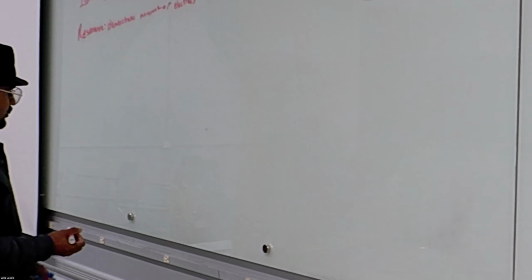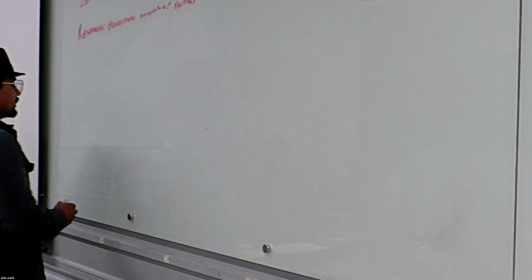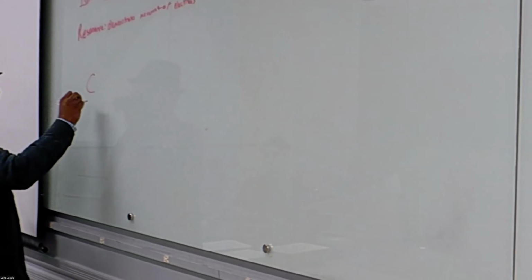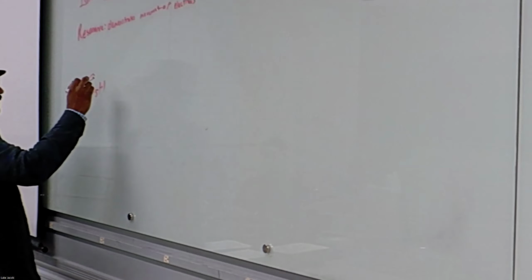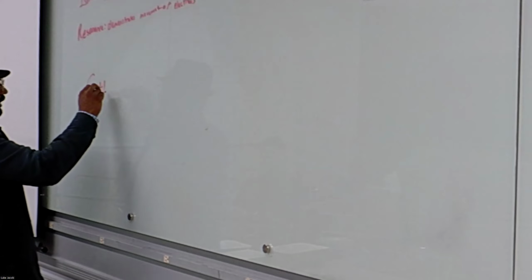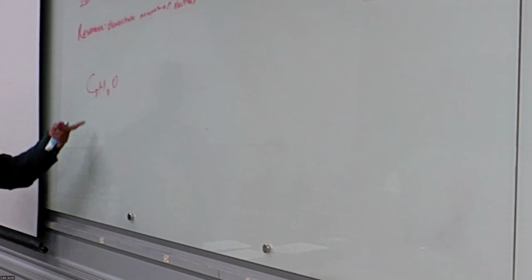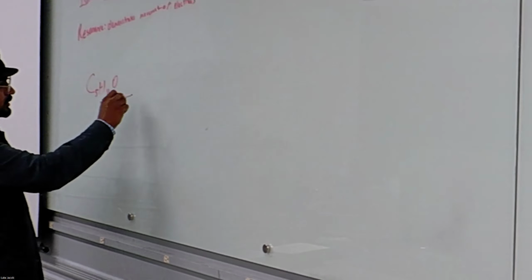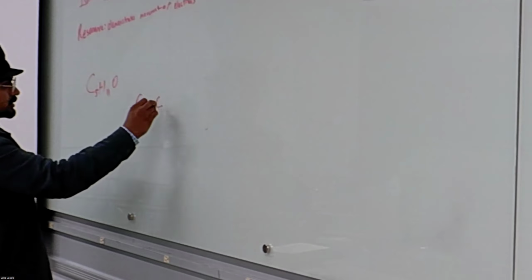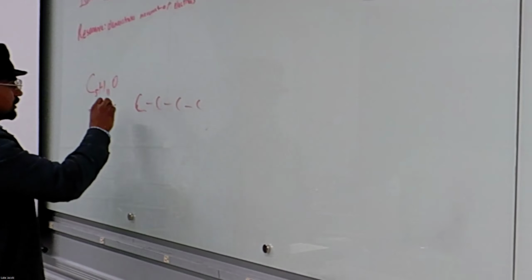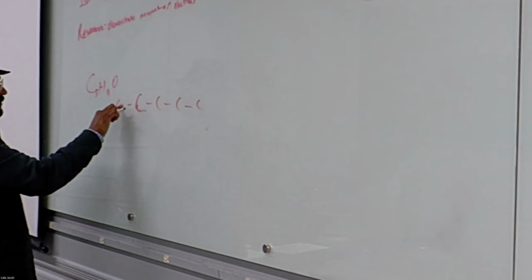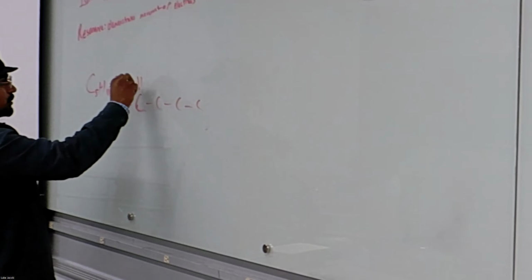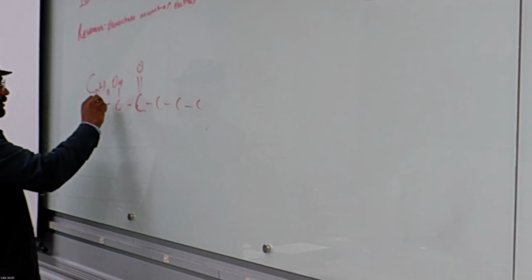So for isomer, let's do C5H11O. Okay, so this is some molecular formula, right? One way you could express this is C, C, C, C, C, and then you could have a double bond to an O here and then H's here.